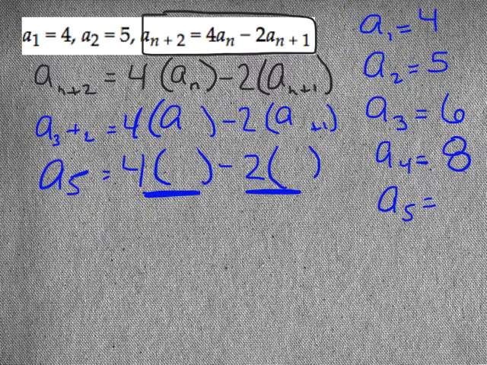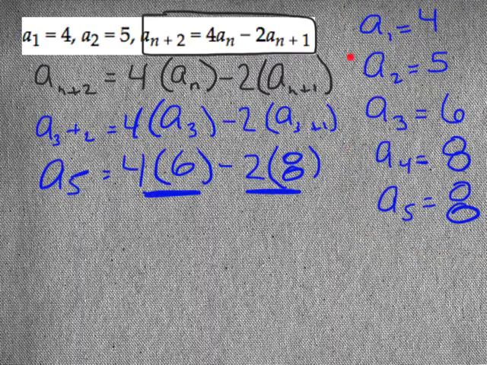Since I used a sub 3 to substitute for a sub n, I used that a sub 3 and then a sub 3 plus 1. A sub 3 we found on my list here is 6. And then a sub 3 plus 1 is a sub 4. Well, a sub 4 is 8. When I do 24 take away 18, I end up with 8. So there's my list. Here are my first 5 terms.